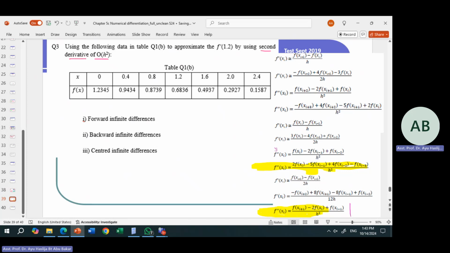Now, it provides you the x and f(x). First thing, what is your x? 1.2. How do you know 1.2? Here. Okay? This is your x, 1.2.